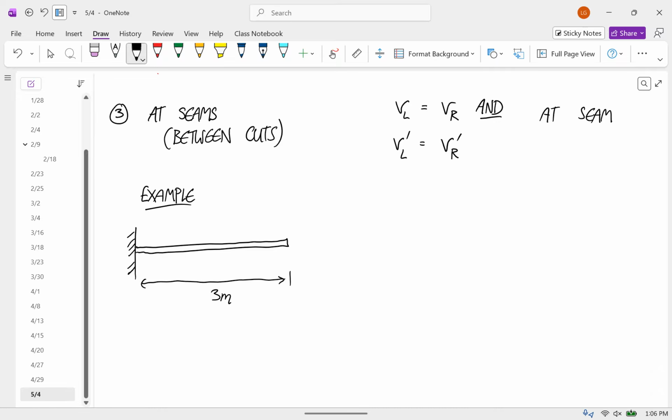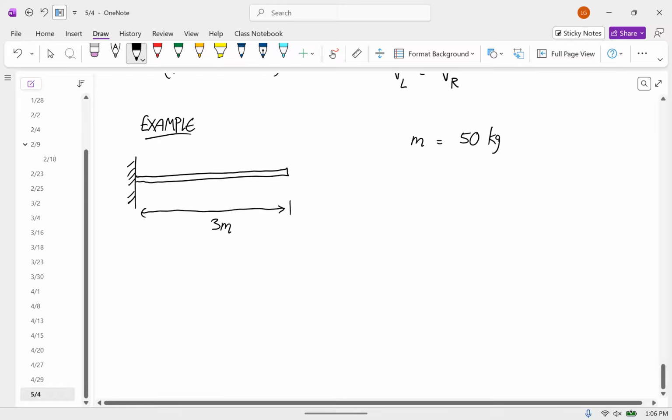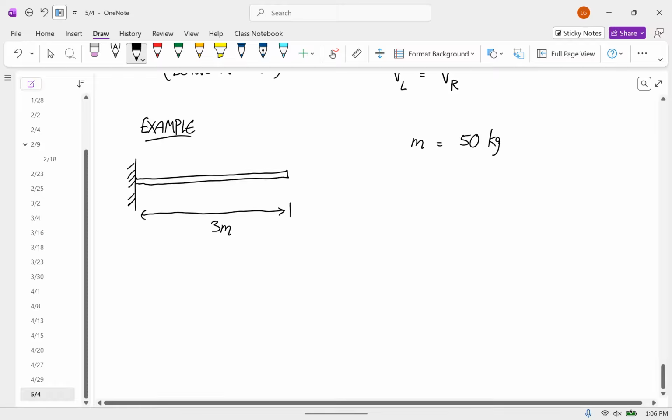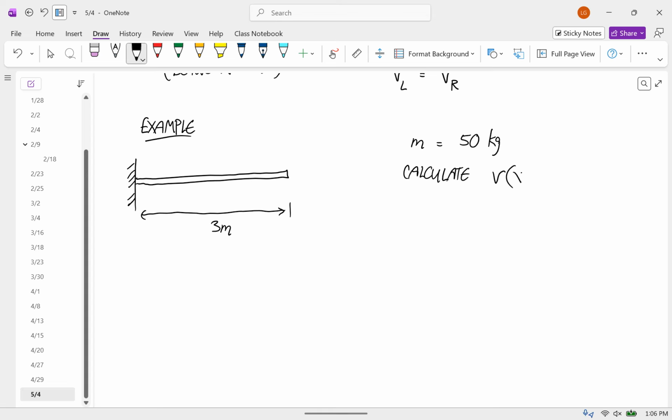And the only thing that's making this deflect is its weight. So let's say that the mass of this beam is 50 kilograms. And we want to calculate the deflection as a function of x.